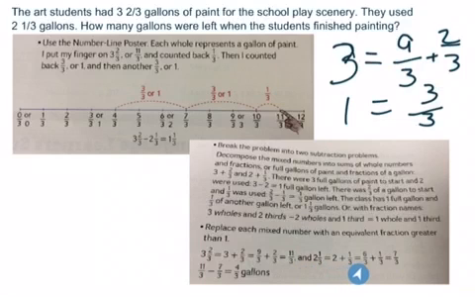And then I'm going to do the same thing with the 2 1/3, so 2 becomes 6/3, plus that 1/3 gives me 7/3, and then I'm going to subtract this 11/3 minus this 7/3 and that gives me 4/3 gallons, which I know I can convert into 1 1/3. If that was quick for you, go back and listen again until that makes sense to you, because those are 2 or 3 really strong strategies that you could be using. If you get those, feel free to move on.